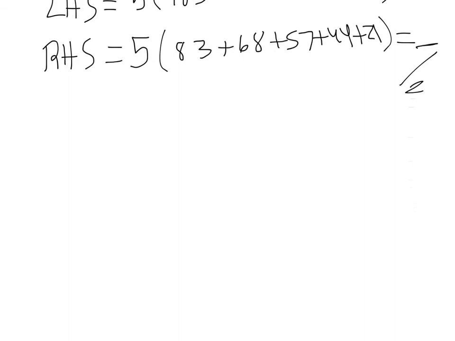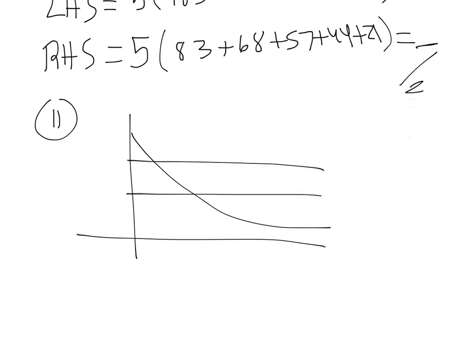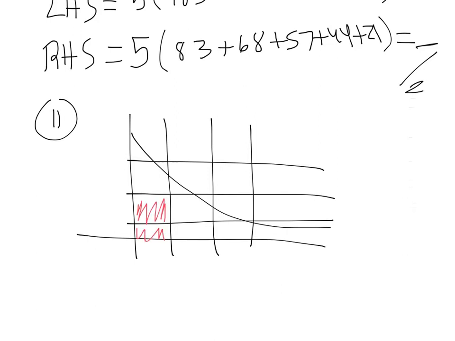All right, number 11, they give you a picture, and in this picture they have grids here, and they tell you to estimate the area. Well, all you can do is kind of say, well, there's one full one, 2 full ones, 3 full ones, 4 full ones, and then maybe this one and this one I would just count as a 5th full one.